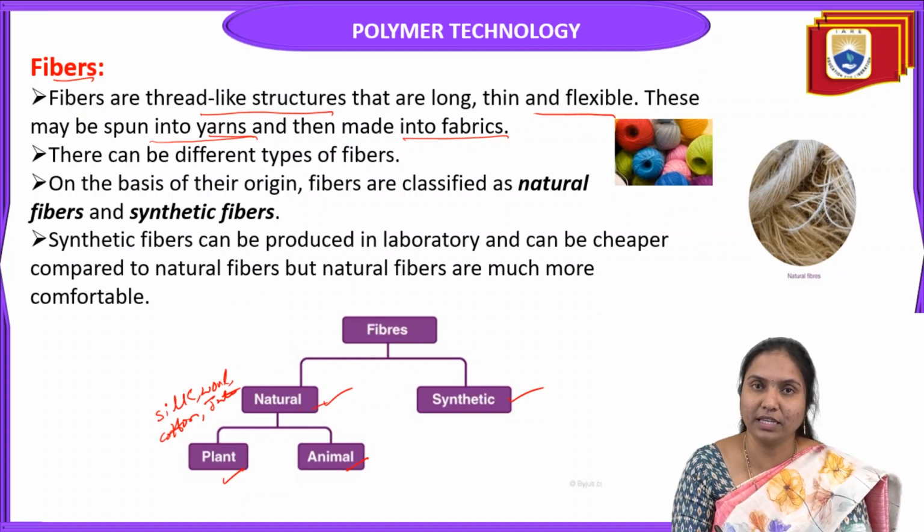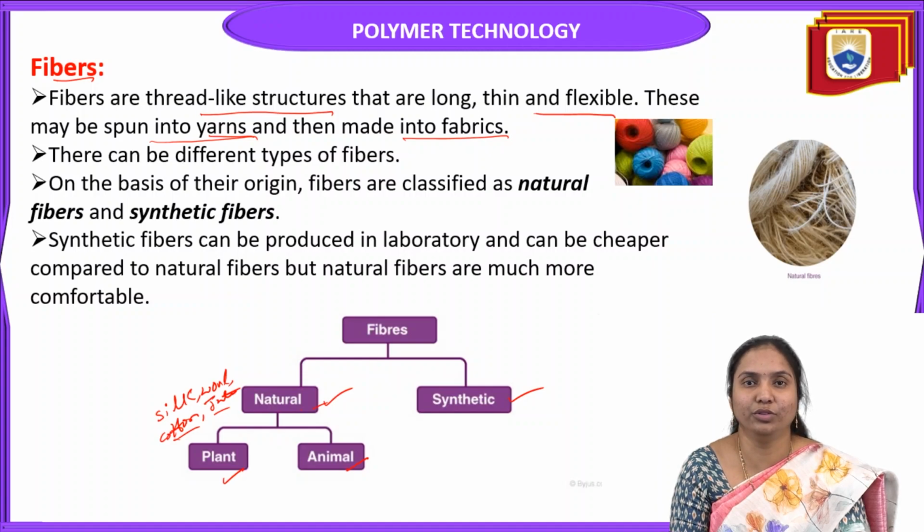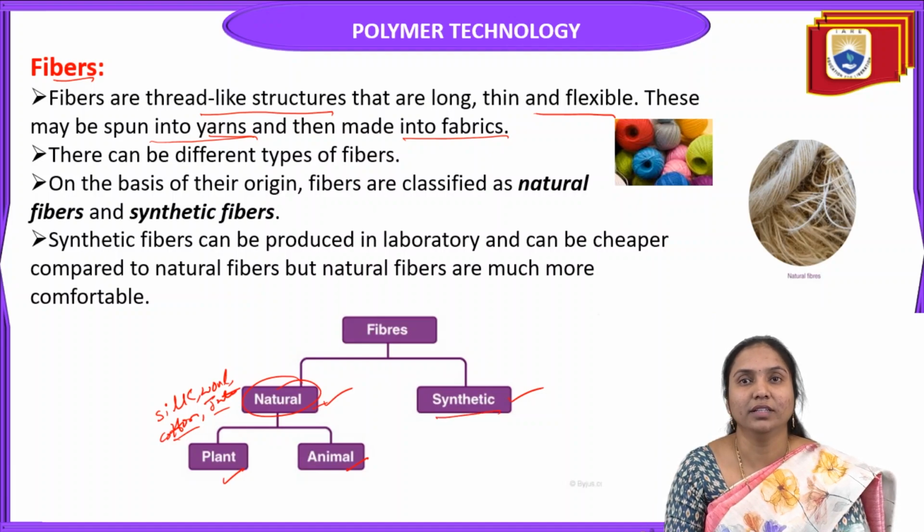Plant fiber examples are cotton and jute. Animal fiber examples are silk and wool. Silk is obtained from silkworm, and wool is obtained from sheep. These are the natural fibers obtained from living things in nature. And synthetic fibers are man-made fibers.